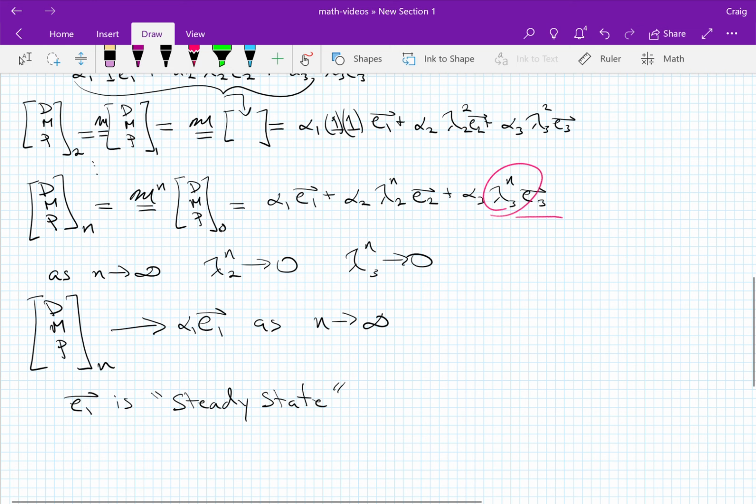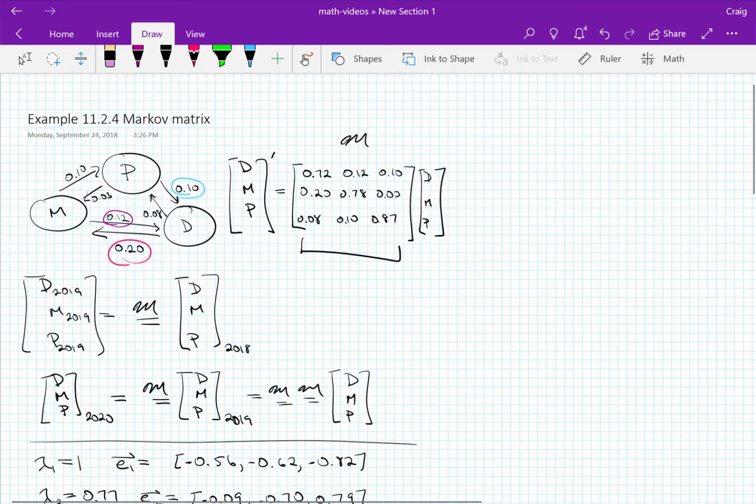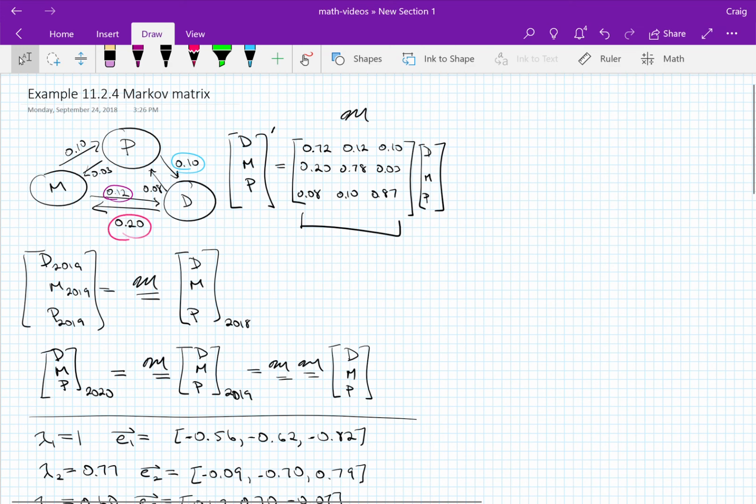And you'll only be left with that initial contribution from the first eigenvector. Okay, so I hope this has been a clear demonstration of why it's convenient to use the eigenvectors in certain kinds of problems, this being an example of a Markov matrix.